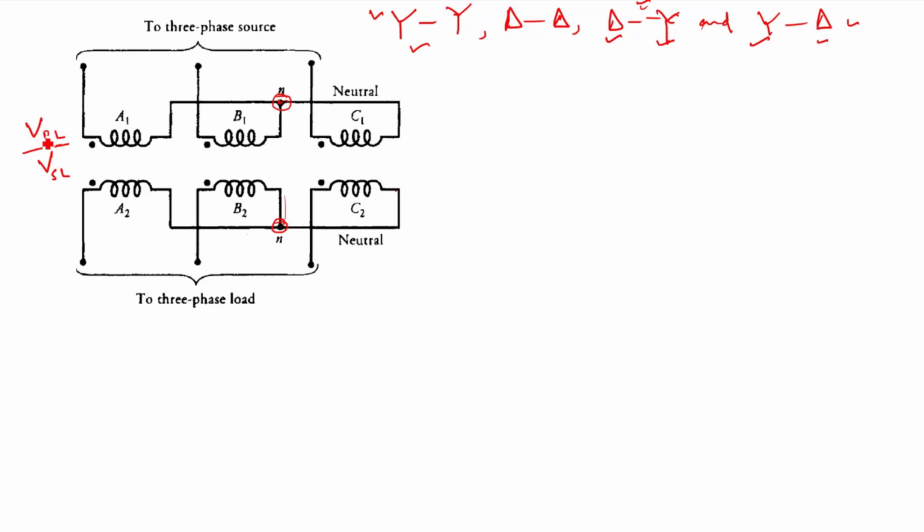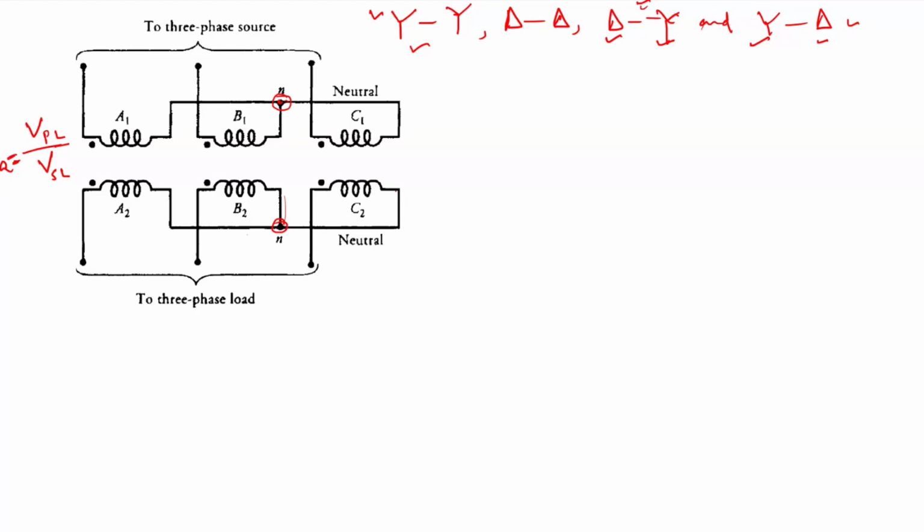VPL is your primary side line voltage divided by the secondary side line voltage. This is your nominal transformation ratio. Therefore, when we represent the nominal voltage, we should represent it through the line-to-line voltage, not the line-to-phase voltage, right?